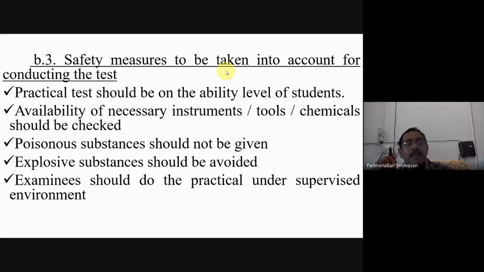Second, availability of necessary instruments, tools or chemicals should be checked. Otherwise we cannot conduct a practical. As far as you are concerned, it's okay. Almost our chemistry lab is fulfilled. But you are a senior 4th year now.